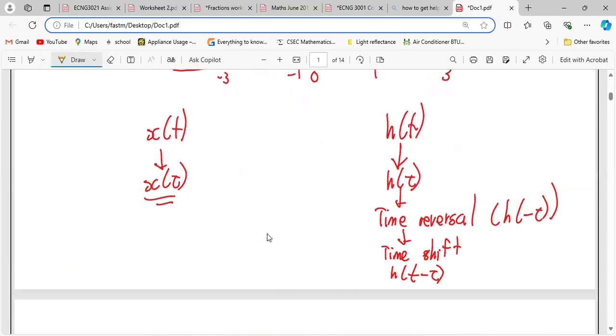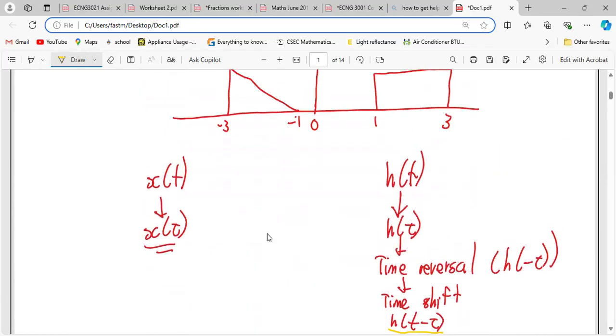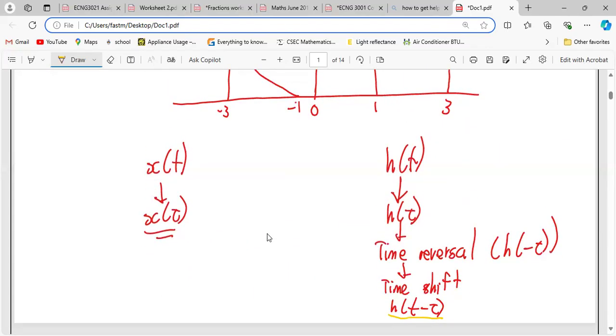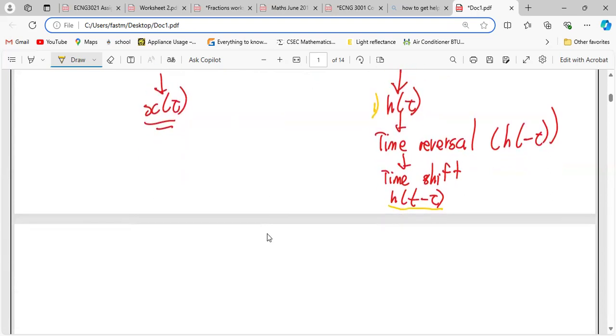Sorry about that. So you end up with h at t minus tau and x at tau. Remember, for x at t, you just stop at x at tau. But for the h at t, you let it be h at tau, do a time reversal, which is a mirror on the y-axis, and do a time shift on it. You can do all of this in one step. I'm just showing you how they break it down.